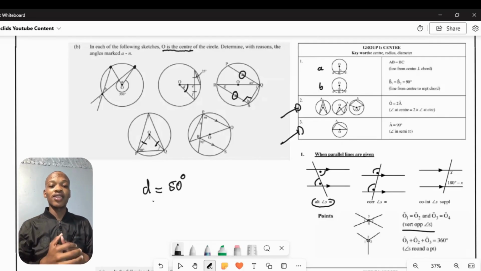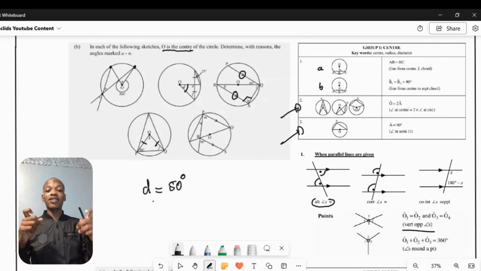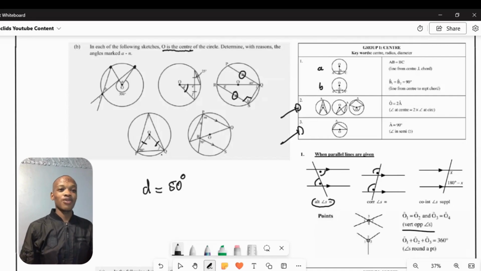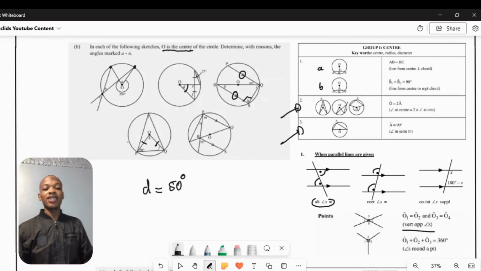Equal sides subtend equal angles. Yes, I think that's the proper one.